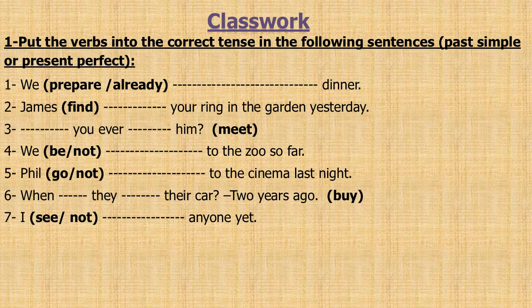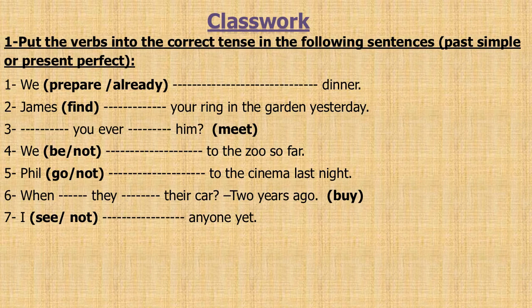Number 4, we be not in the zoo so far. Again, the word so far is a key word for the present perfect, so here I have to use have or has plus past participle. The answer will be we haven't, we have not been to the zoo so far.